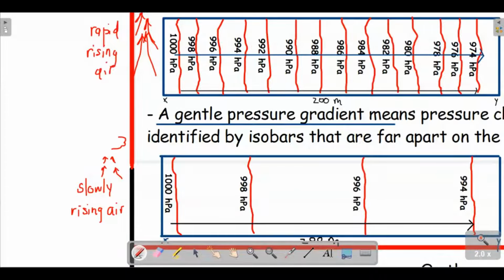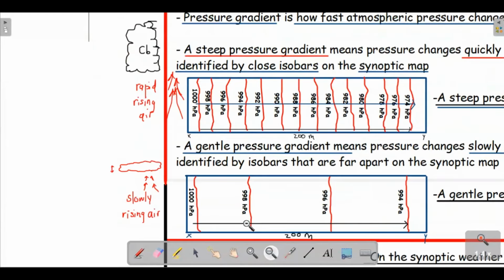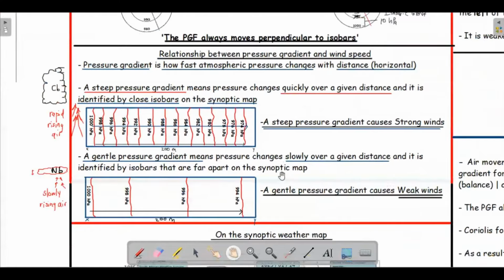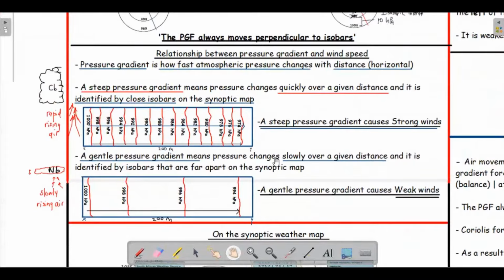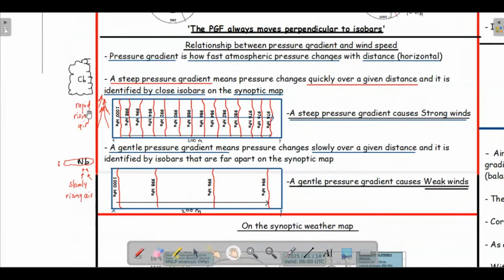By rising up slowly, that means a relatively small amount of air will condense into clouds, and so usually you're going to get nimbostratus clouds or other relatively shorter clouds than cumulonimbus clouds. So this is important to note, the relationship between pressure gradient and wind speed. I've also added cloud type as well.